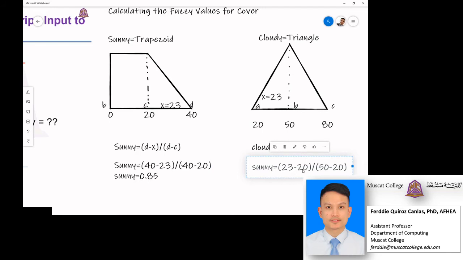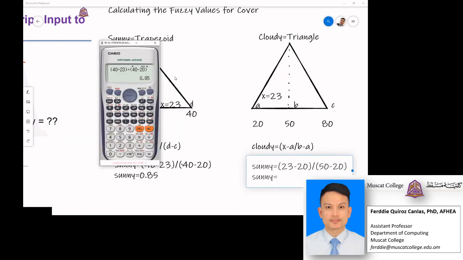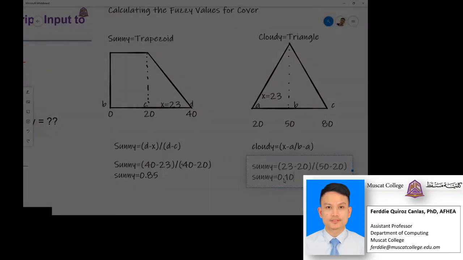So we can now do the calculation. Let me get the calculator. 23 minus 20, divided by 50 minus 20 equals 1 over 10, which is 0.10.